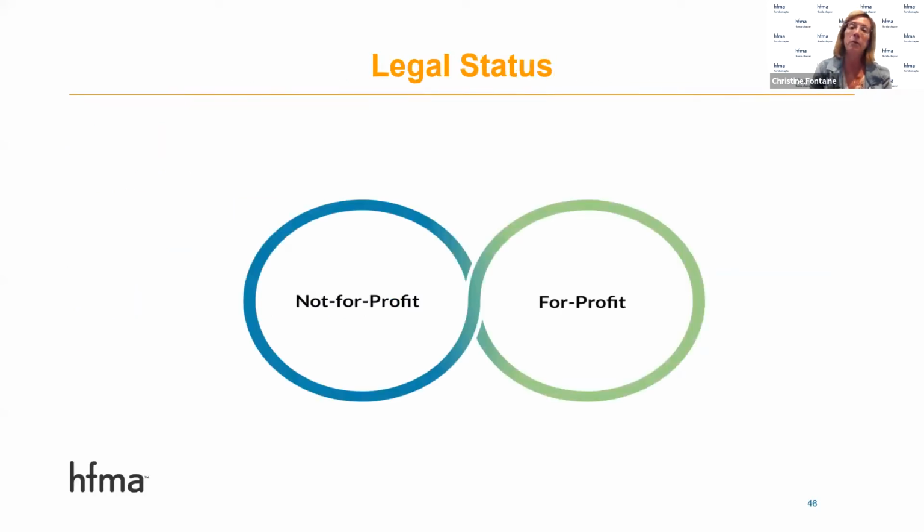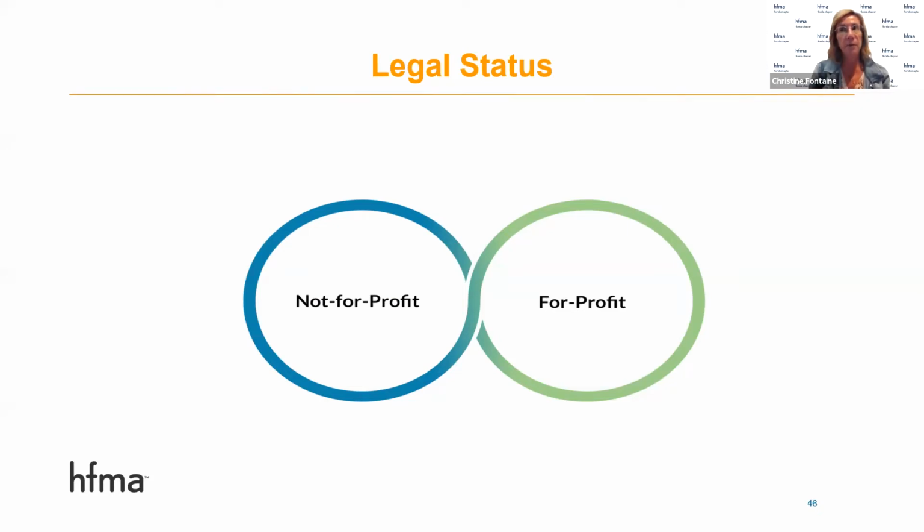So the legal form of an organization for a healthcare business will determine its ability to obtain financing. A 501(c)(3) not-for-profit entity is an organization organized and operated exclusively for religious, charitable, scientific, literary, or educational purposes.